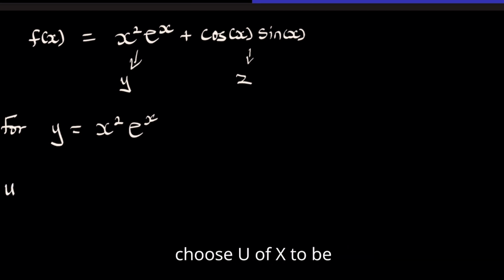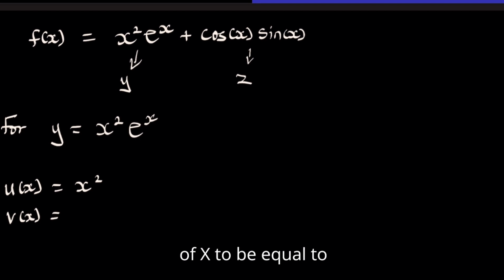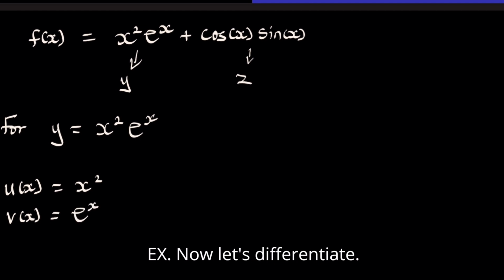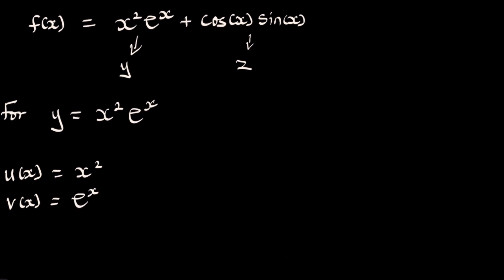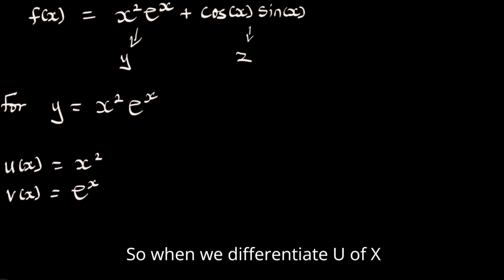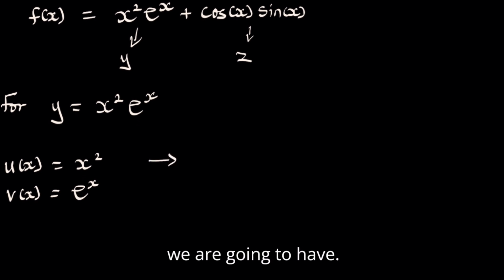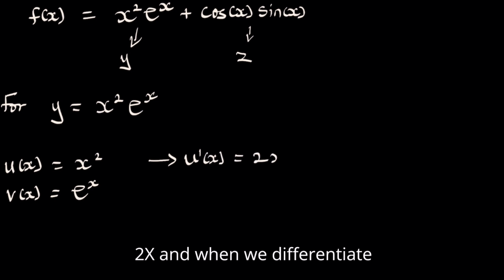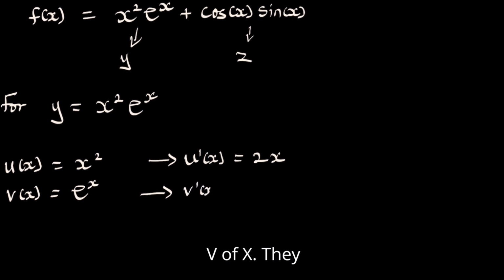So we choose u of x to be equal to x squared and v of x to be equal to e^x. Now let's differentiate. So when we differentiate u of x, we are going to have 2x, and when we differentiate v of x, we are going to have e^x.